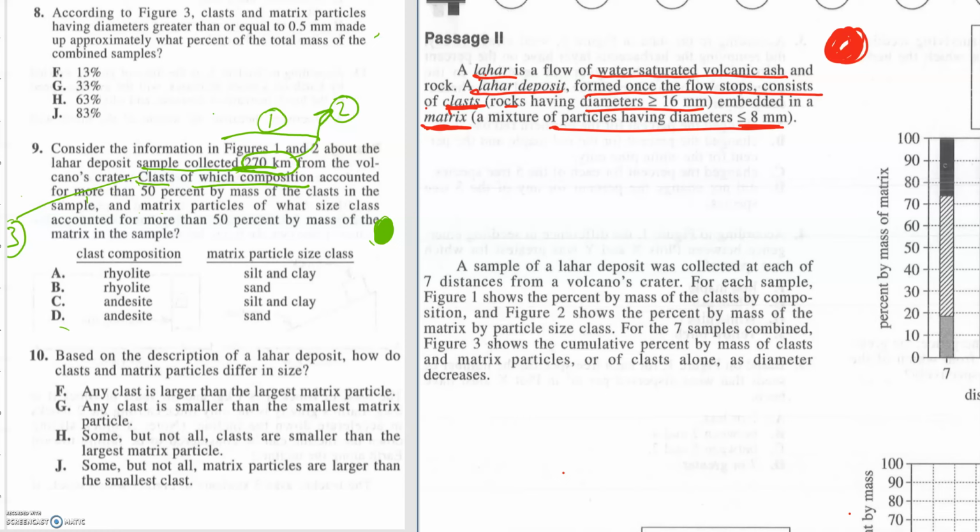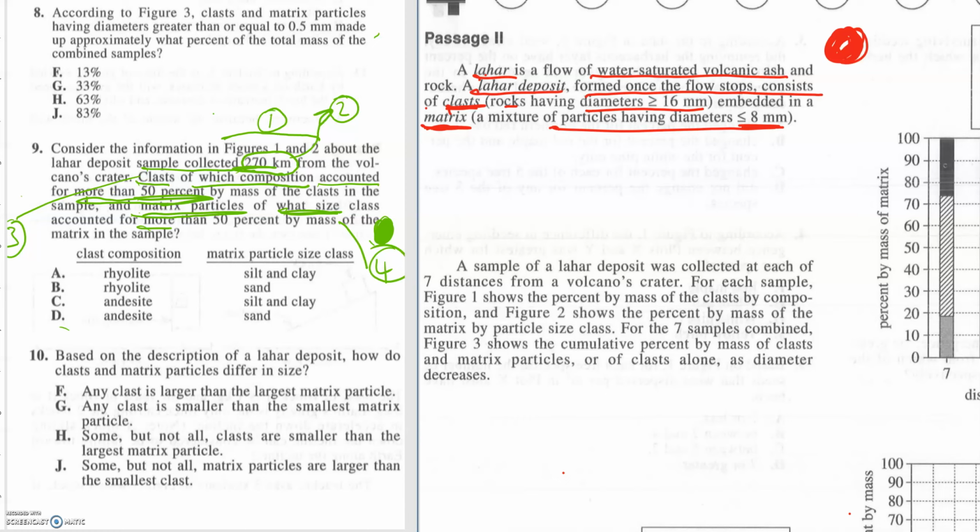Clasts of which composition accounted for more than 50% by mass of the clasts in the sample, and matrix particles of what size? Okay, there's another question. What size? So matrix particles of what size? So that's step 4. We need to answer that question.